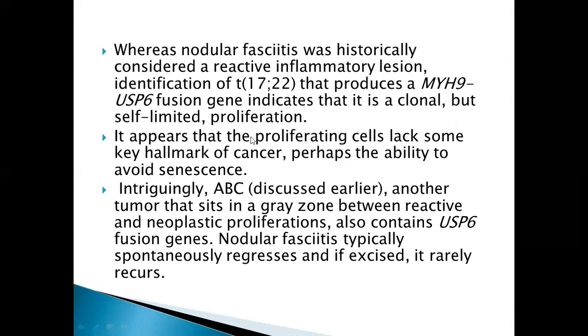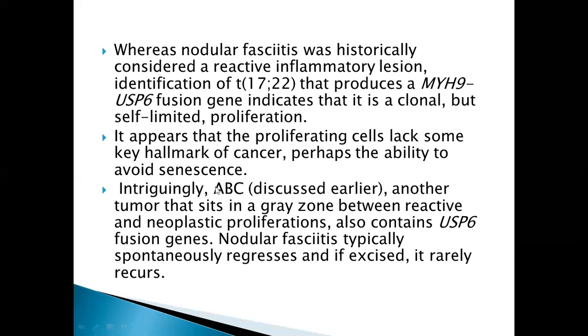It appears that the proliferating cell lacks some key hallmark of cancer, perhaps the ability to avoid senescence. That means it is clonal proliferation like cancer, but it is self-limited, unlike cancer. Why is this so? Because it doesn't have the ability to avoid senescence, so it will die after certain division.